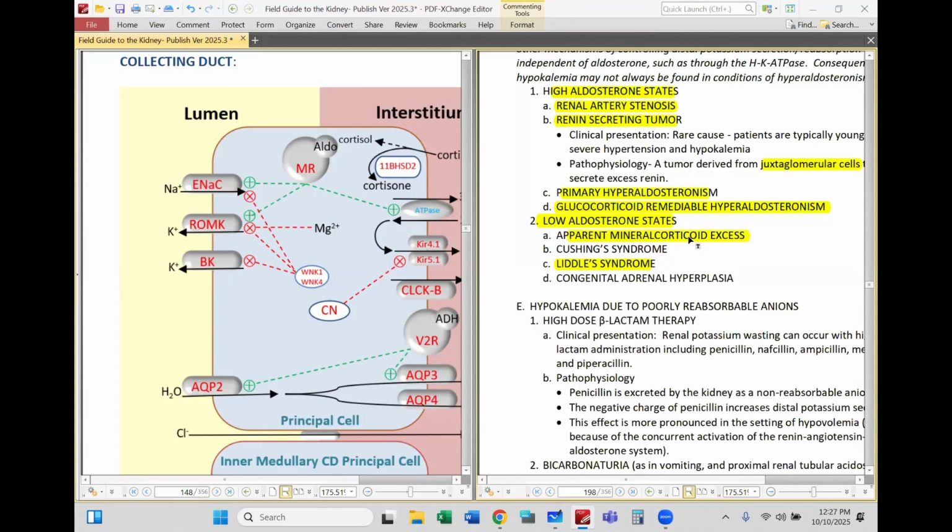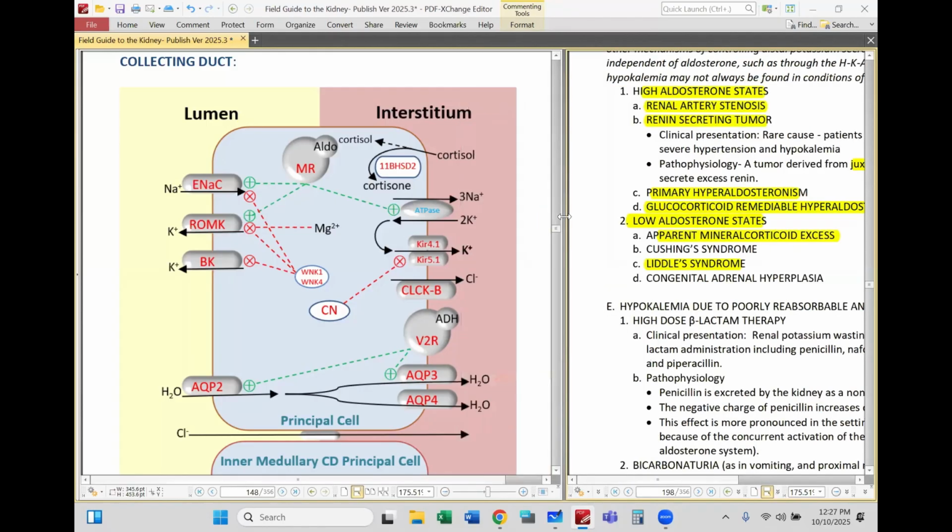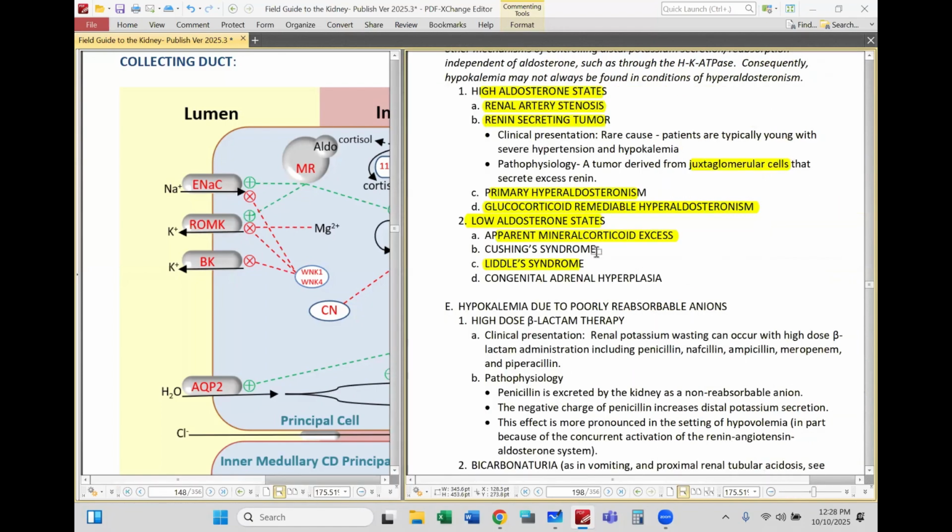It's apparent mineralocorticoid excess. The pathophysiology involves a defect in inactivation of cortisol. We've gone over that. Licorice is an acquired form in which this 11 beta hydroxysteroid dehydrogenase type 2 is inhibited by glycyrrhetinic acid in licorice or chewing tobacco products.